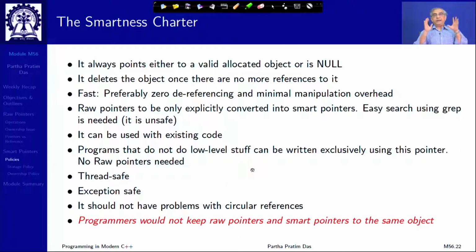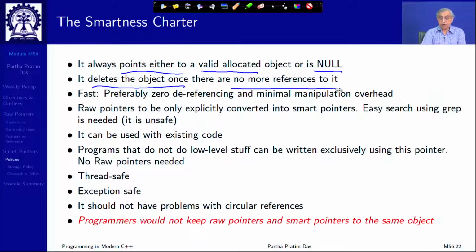So, there is a basic charter expectation of how a smart pointer will be. It must always point either to a valid allocated object or be null. It cannot ever point to something which is an invalid object. It deletes the object once there is no more reference to it. If that object is not being referred, it will have to be deleted. It must be fast, that is with minimal overhead.